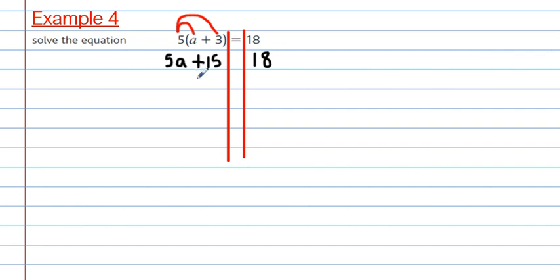And then we get rid of the 15. Don't forget, you're doing it to both sides. Okay. Now you tidy up. That will be gone. So I'll be left with 5A on this side.